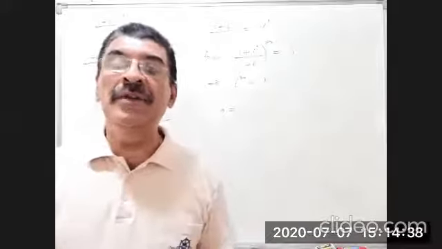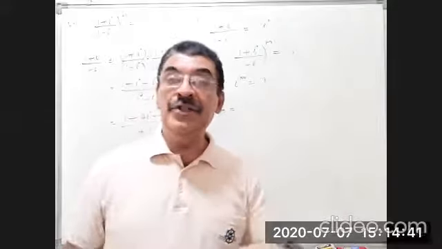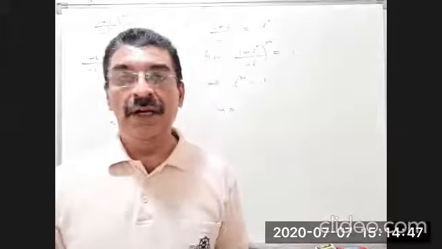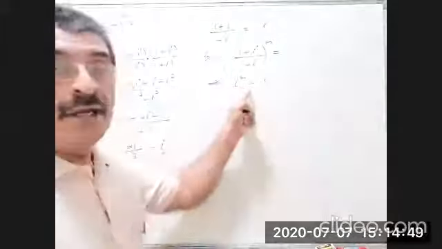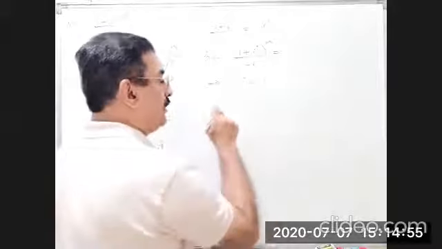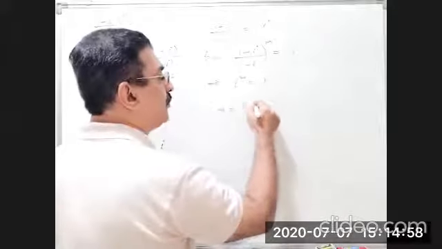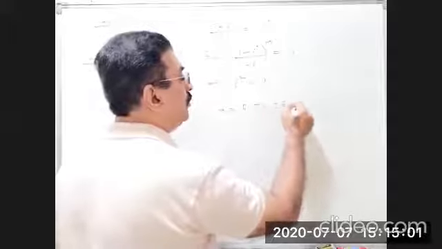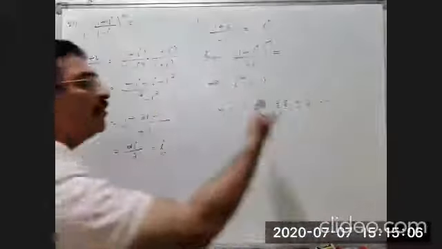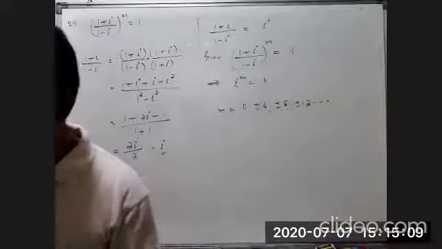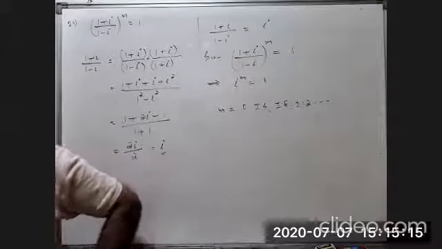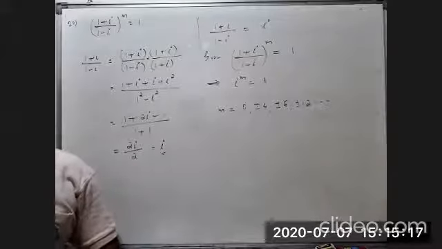That means all multiples of 4, i raised to all multiples of 4 will be 1. Not only that, any number raised to the power of 0 is also 1. So if i raised to m is 1, then m can be 0, plus or minus 4, plus or minus 8, etc.